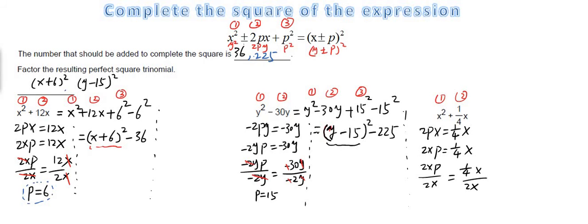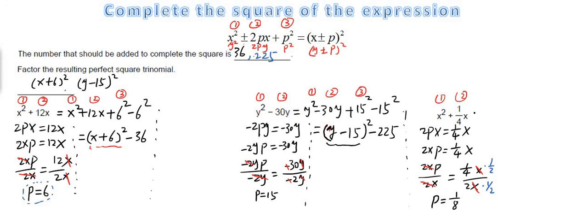We cancel out, and 1/4 divided by 2 is 1/8, because you multiply the denominator 4 times 2 to get 8.